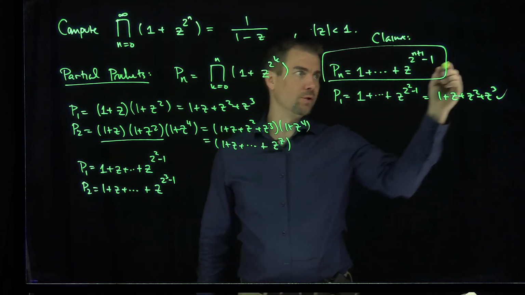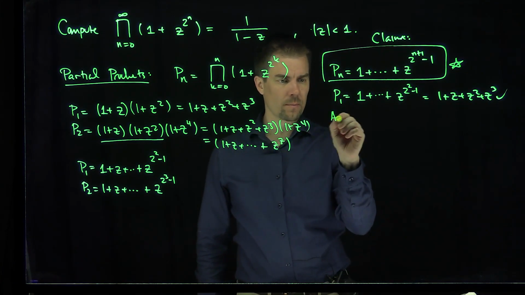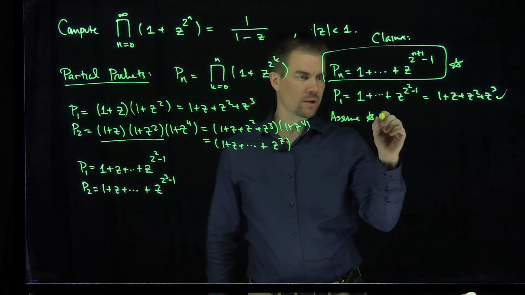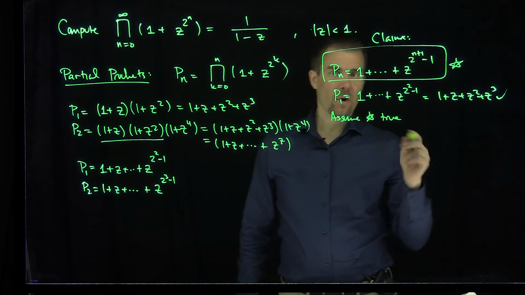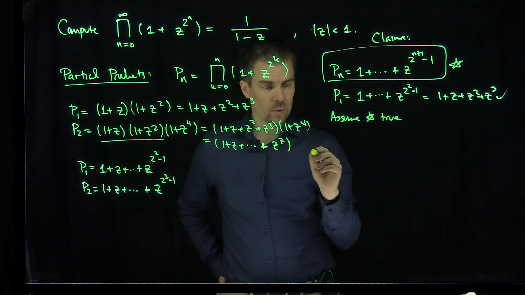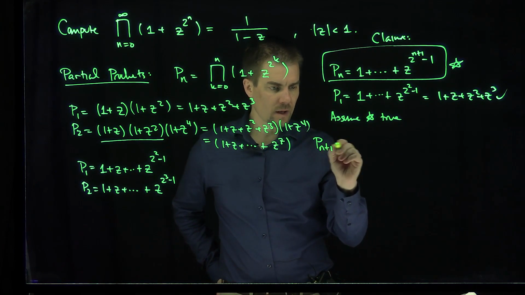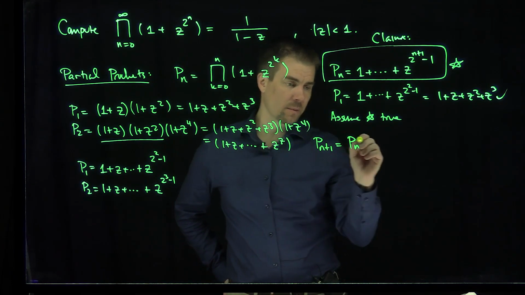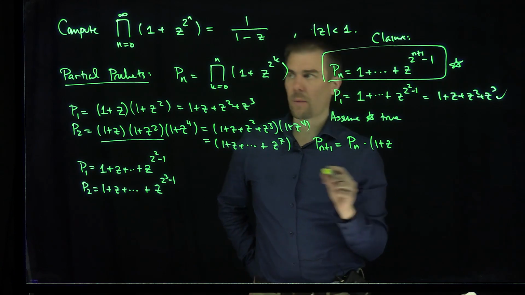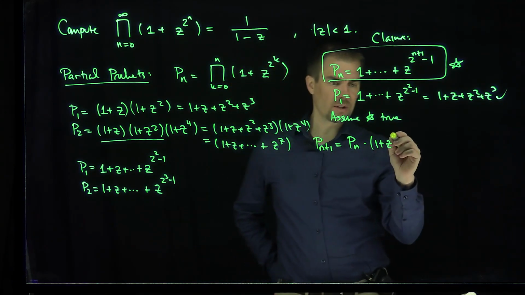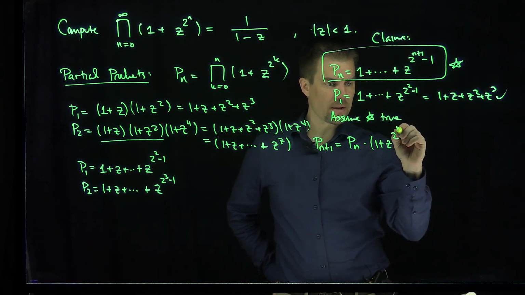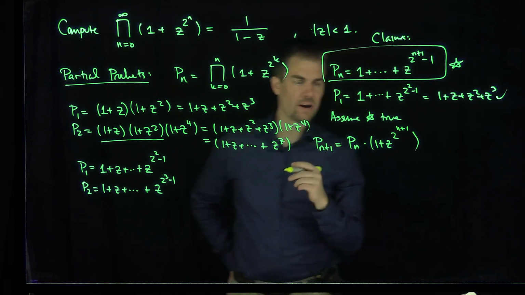So let's assume this formula is true. We assume that star is true, and then we want to look at Pn plus 1. So what will Pn plus 1 be? Pn plus 1 is going to be Pn, the previous term, times 1 plus z to what power? When I go up to n plus 1, I'm going to have z to the power 2 to the n plus 1. That's the term we have over here.